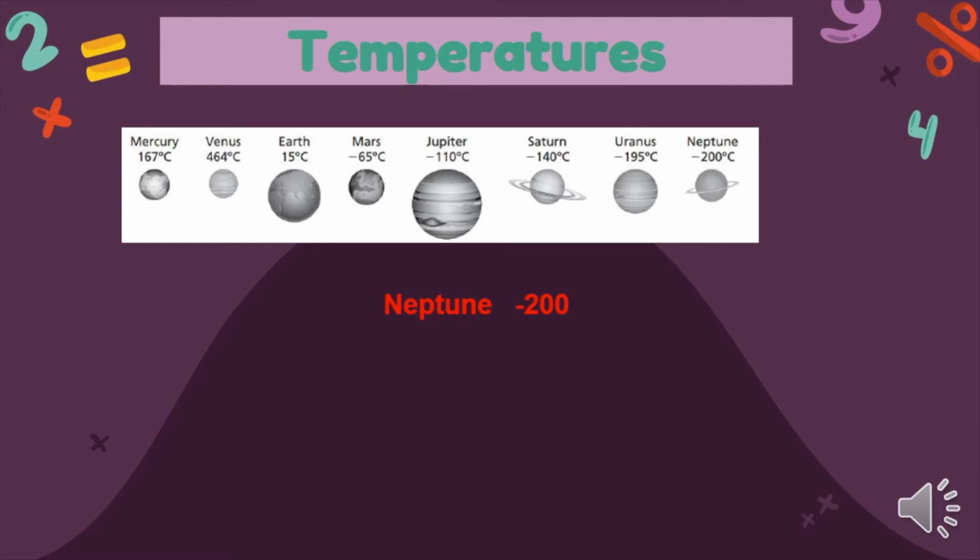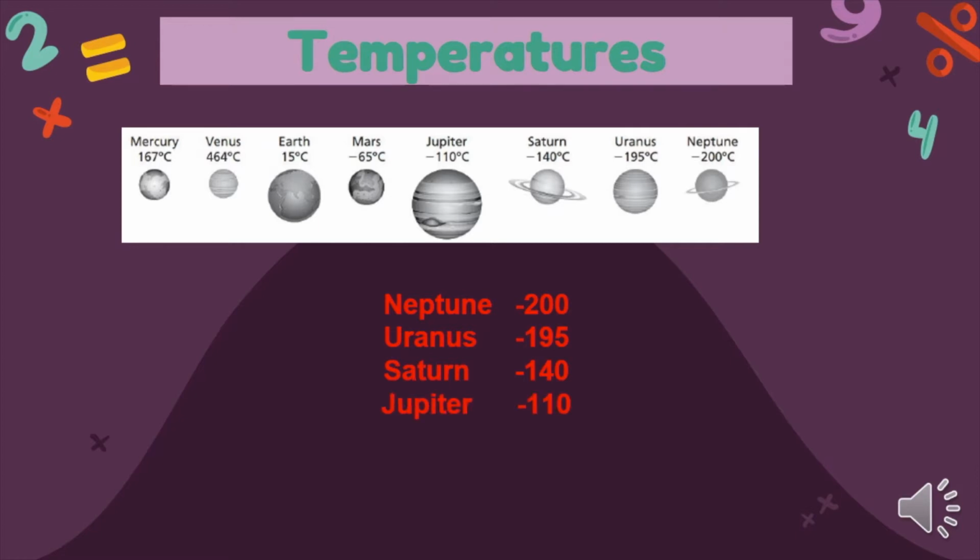We have Neptune, which is negative 200. Now we're putting these numbers in order from coldest to warmest. So our coldest temperature is Neptune, negative 200. Then Uranus is negative 195. Saturn is negative 140.